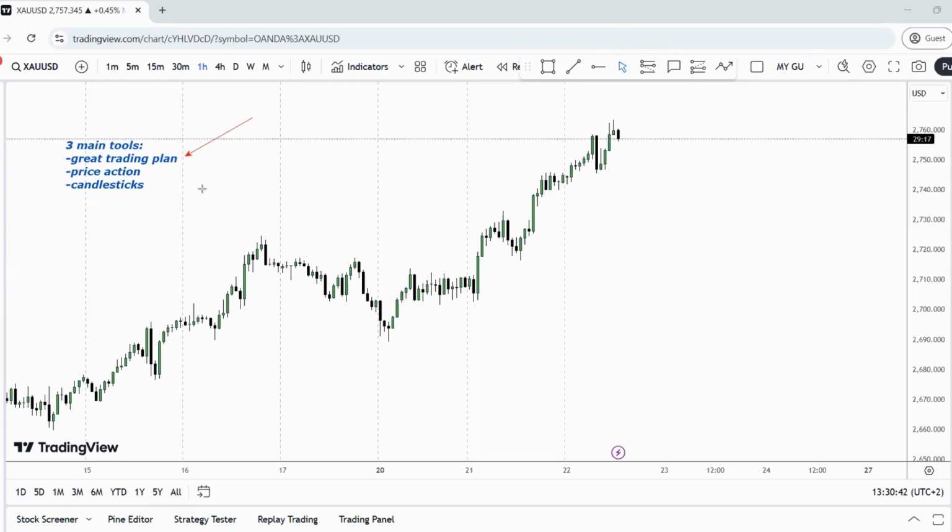And then the price action is going to give you the pattern that's in your trading plan. And then the candlesticks are going to tell us when it's safe to take a trade according to our trading plan and according to the price action.